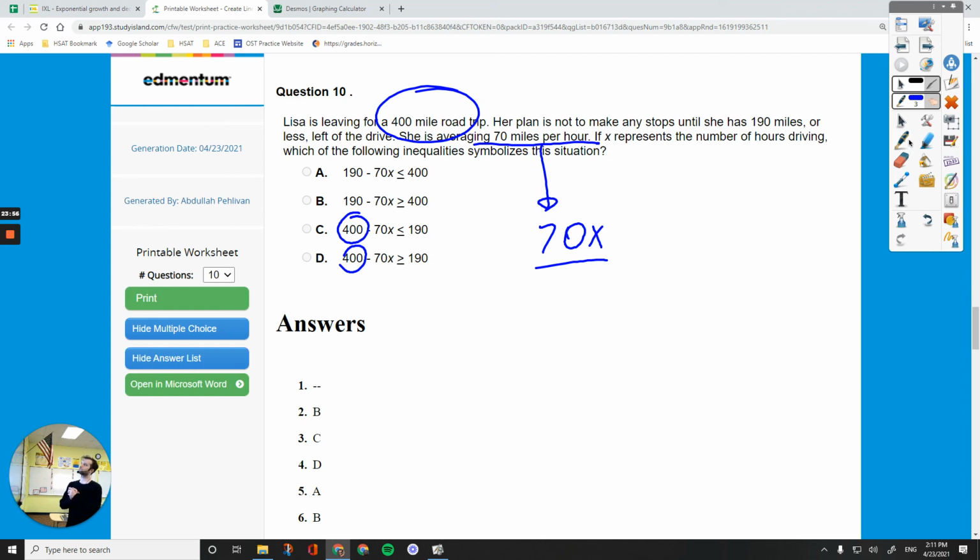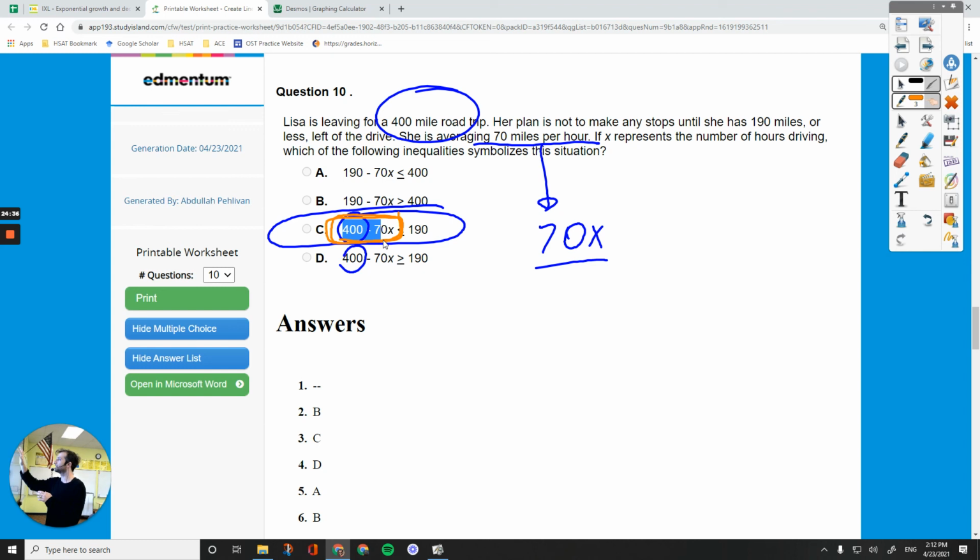So until she has 190 miles or less, that's going to be the answer. Let me explain why. Look at C. 400 minus 70x is the miles left for her to drive.